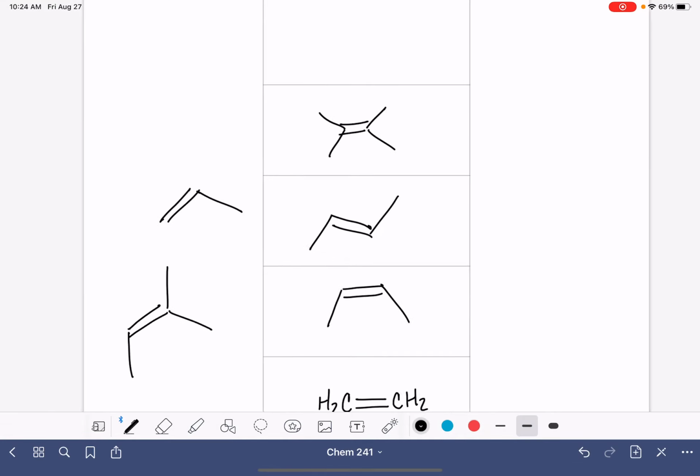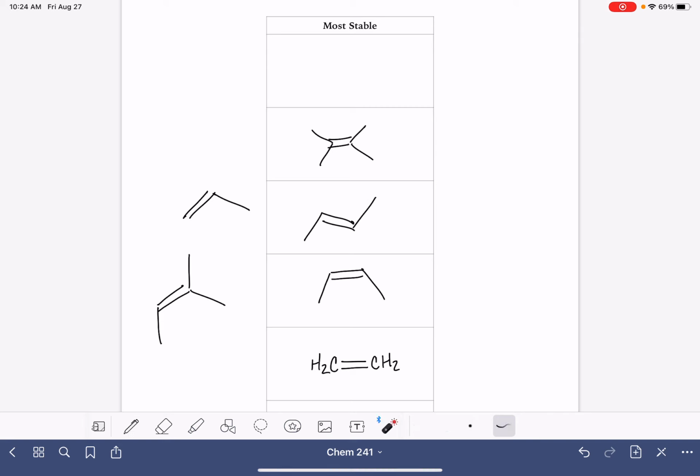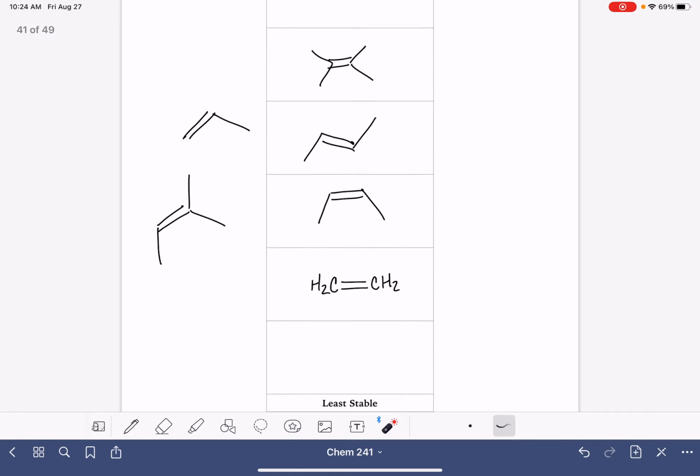And let's add these into our ranking. So here we're really going to be looking at how substituted these alkenes are. We've got a 4 substituted alkene versus a 2 versus a 2 versus a 0. This is a mono or singly substituted alkene. This is a carbon-carbon double bond that has 1 carbon on it. So that means that it's going to be in this spot right here. It's going to be less stable than our di-substituted alkenes, but it'll be more stable than this little guy right here.